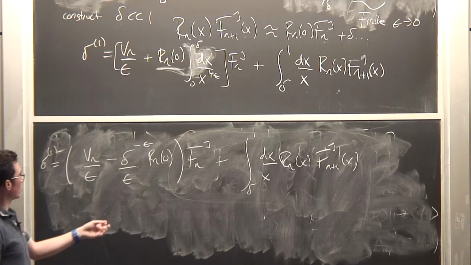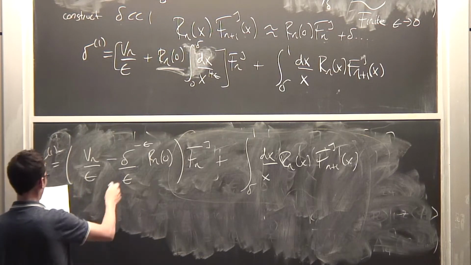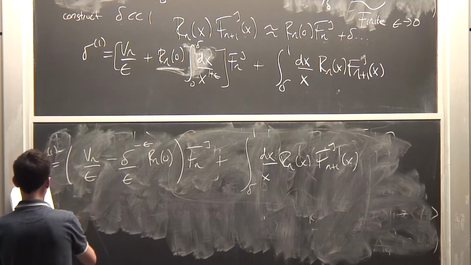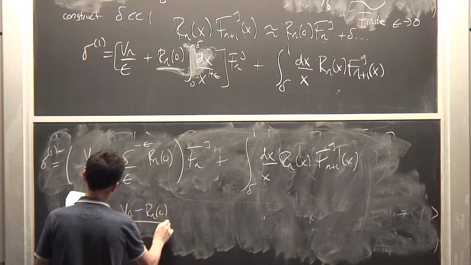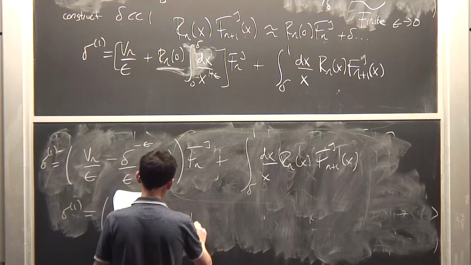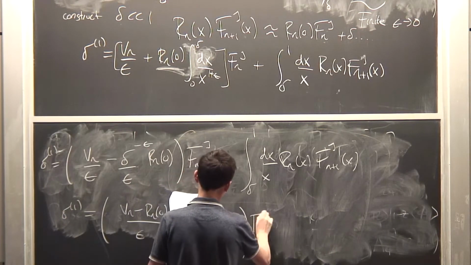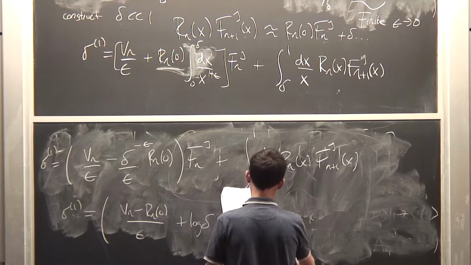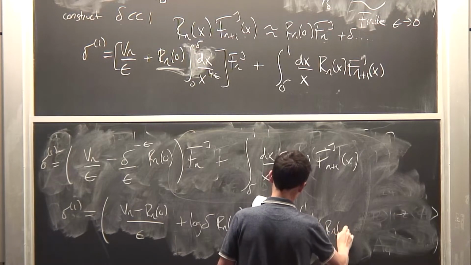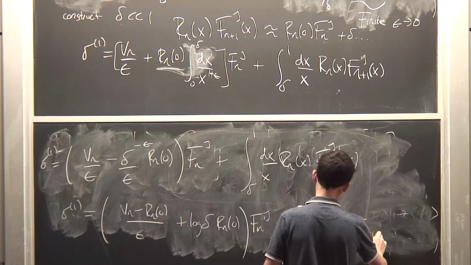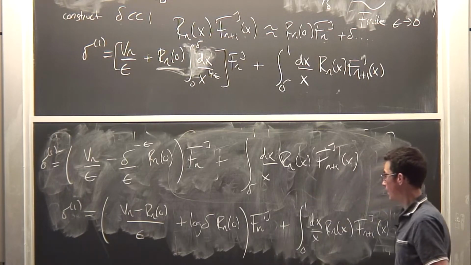All right, good. So this thing I can now expand in epsilon, throwing away the bit that goes like epsilon, so I keep the pole and the constant. I get that sigma 1 is Vn minus Rn of 0 divided by epsilon, plus log delta Rn 0 Fn of j, plus... all right, there we go.